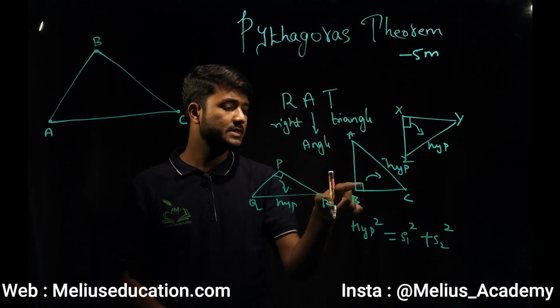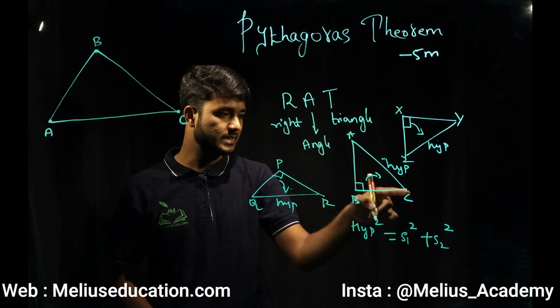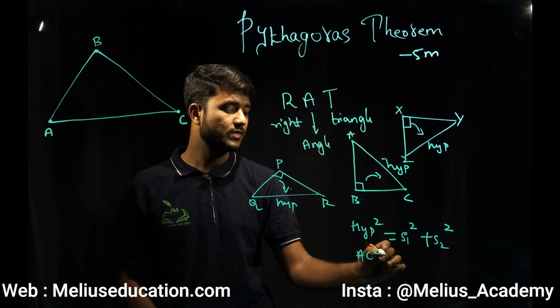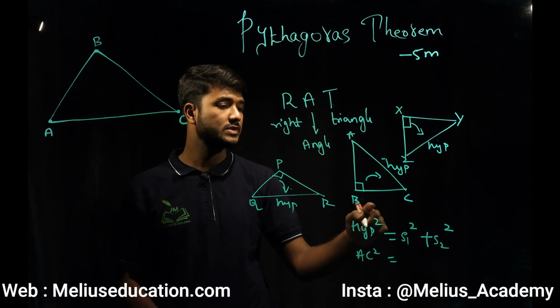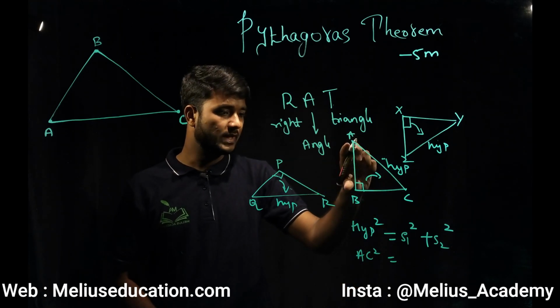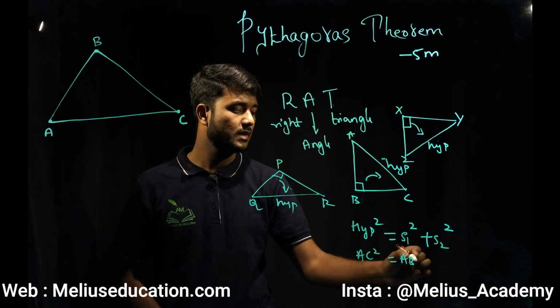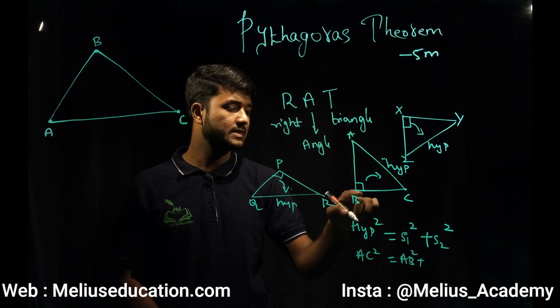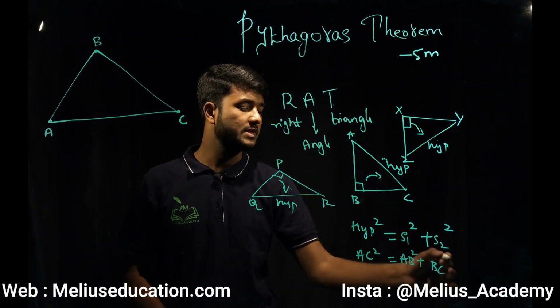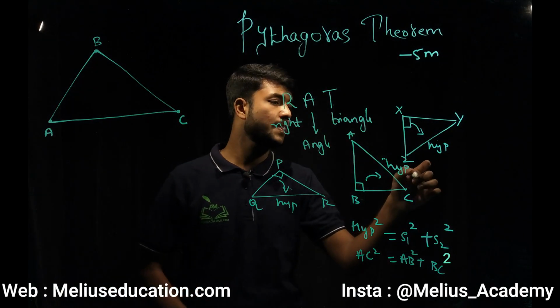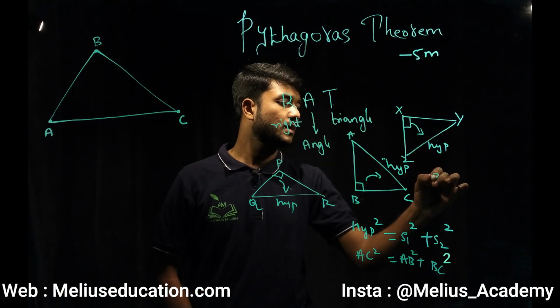What is hypotenuse in this triangle, opposite to 90 degree? That is AC. AC square is equal to, which are the other two sides apart from hypotenuse? One is AB square plus, the other one is BC. Let us try using Pythagoras theorem. What is hypotenuse here?